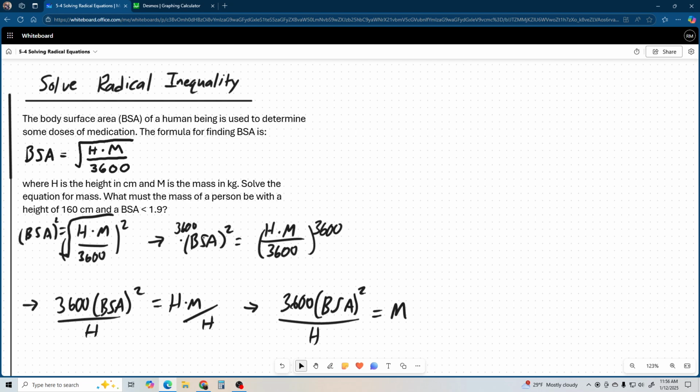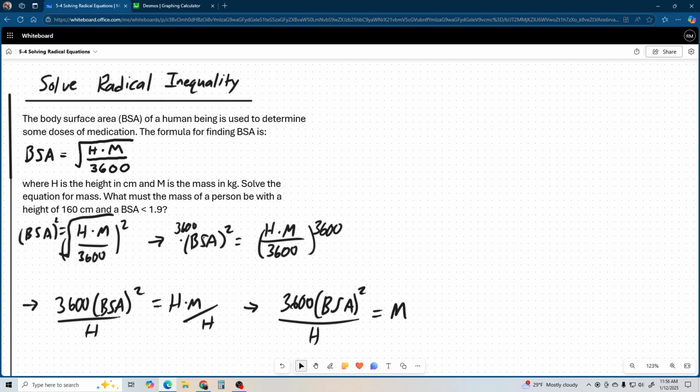What must the mass of a person be with a height of 160 and a BSA less than 1.9? So let's go ahead and do it. If we know that the height is 160 centimeters and the BSA is 1.9, we can plug those two things in.